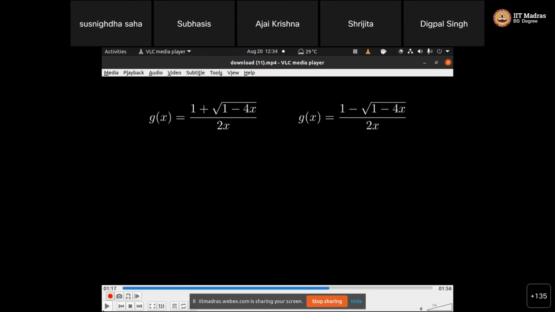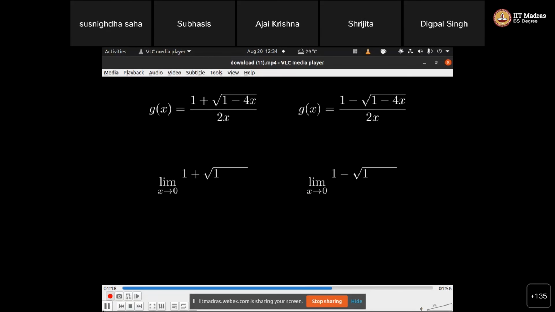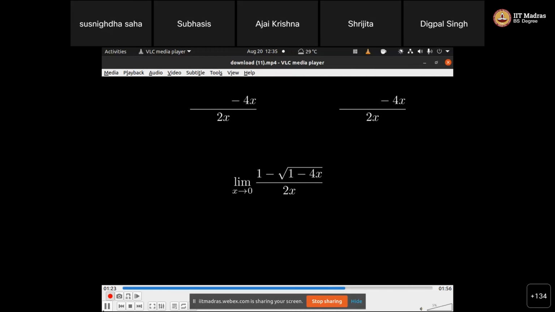So we can evaluate these two roots using limits, as x tends to 0, and we can use L'Hopital's rule, or we can expand the term, the root of 1 minus 4x. We'll see that the limit for the one that we are not taking doesn't actually hold. The right-hand side limit and the left-hand side limit are different: one is going to plus infinity and the other to minus infinity. So we'll be taking the other one.